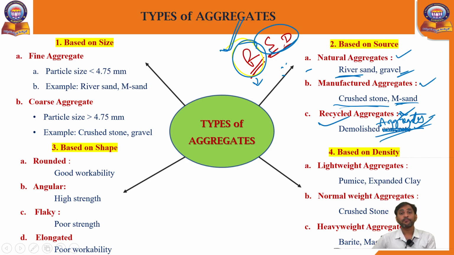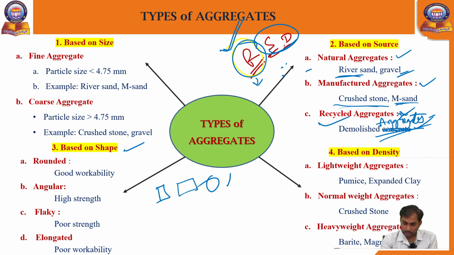Okay, next, the type of aggregate is classified based on shape. All the aggregates have some shape. What are the shapes? Square or rectangular or circular or triangular? Which shape? Not these types of shapes.